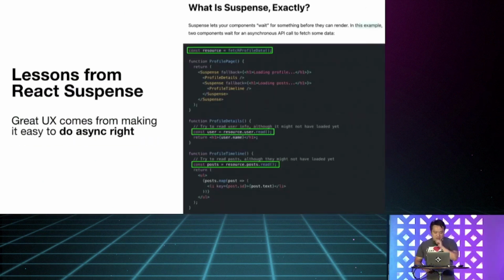So, and then finally, React Suspense, something that maybe people aren't that familiar with, but if you check out the Suspense for data fetching docs, this is the kind of code example where you're fetching data as though you're just reading synchronously from a local resource. And I think that's a really nice approach because it makes for good user experience by making it easy to do asynchronous work right. You're always going to have asynchronous work.